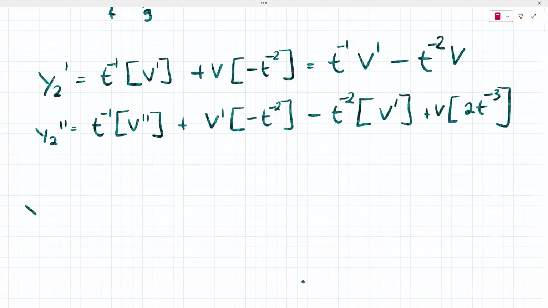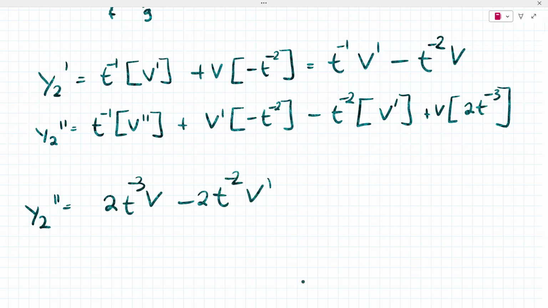So I get y2 double prime, which is 2 t to the -3 v minus 2 t to the -2 v prime plus t to the -1 v double prime.